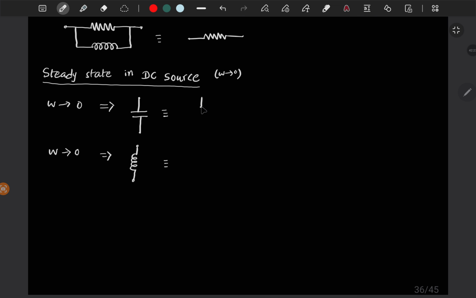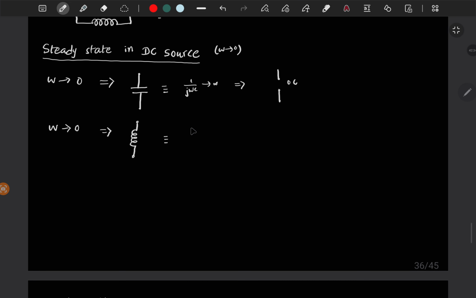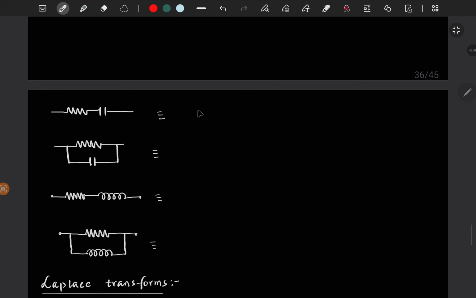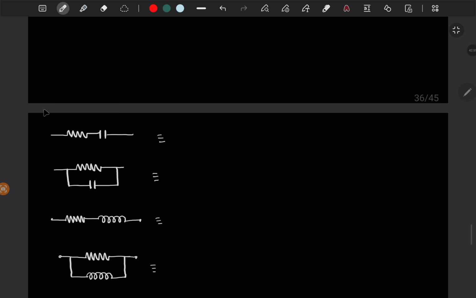Then 1 by j omega c tends to infinity, which means the capacitor will be open circuited, and j omega L tends to 0, so the inductor is short circuited. And similarly, the capacitor is open circuited at steady state.